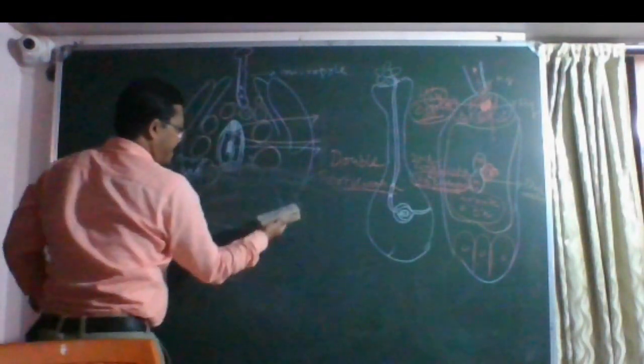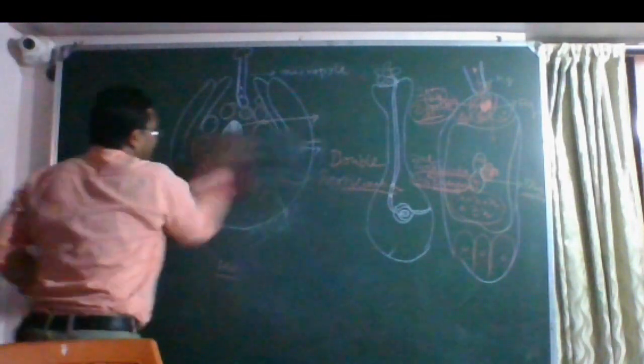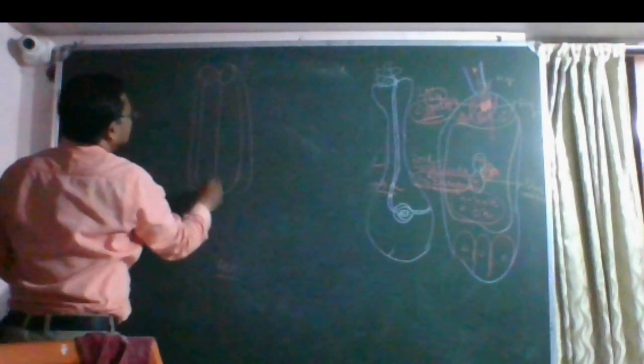So what is the structure? Where does pollen grow? Pollen grows in the anther. The anther has a four-locular structure.